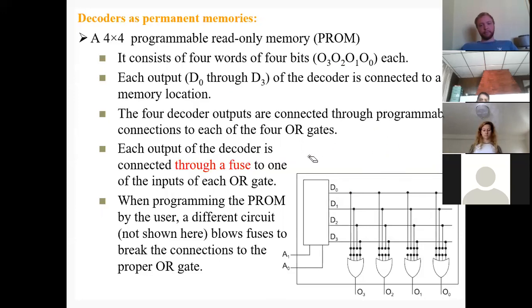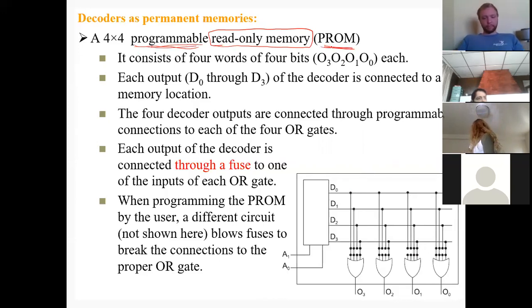Here I'm going to talk about read-only memory, ROM. But what kind of ROM? It's programmable, we can program it, so we call it PROM.